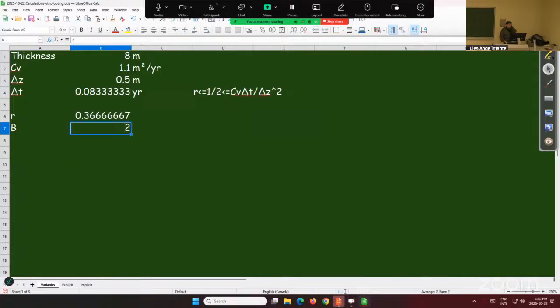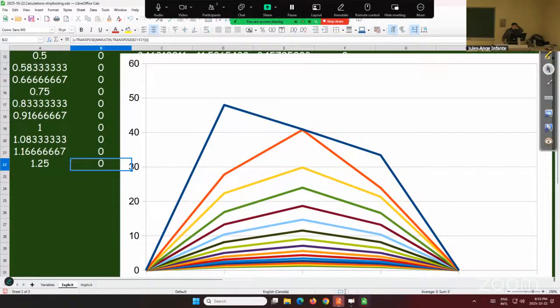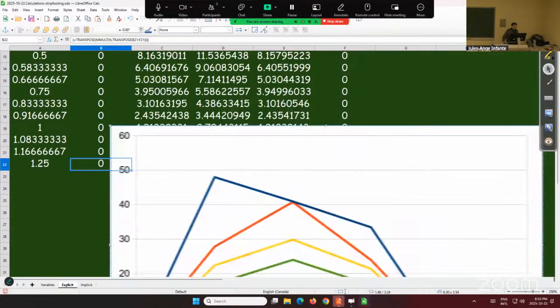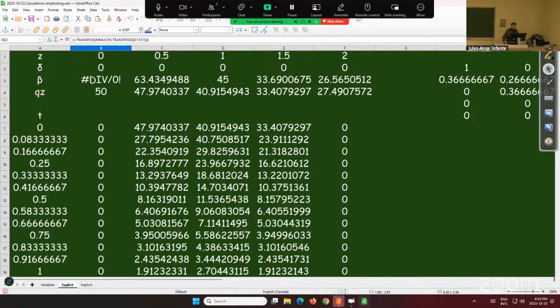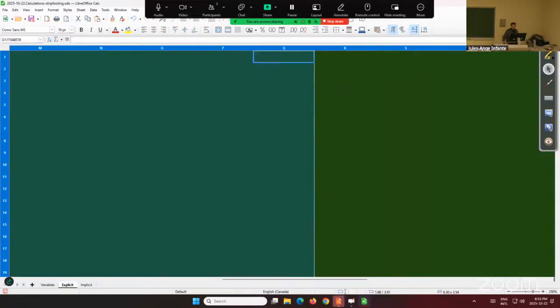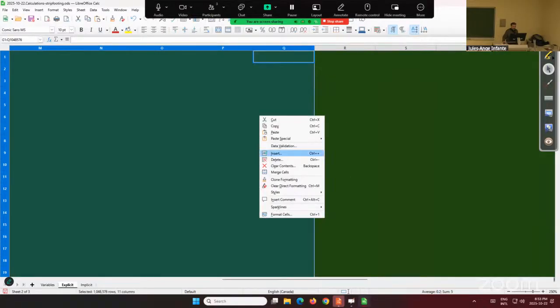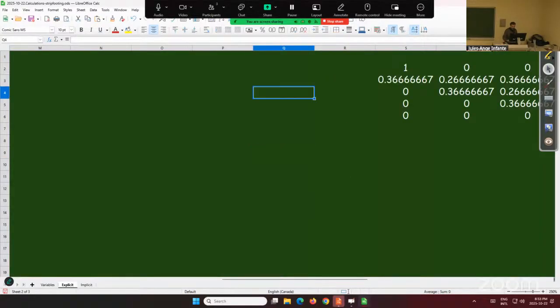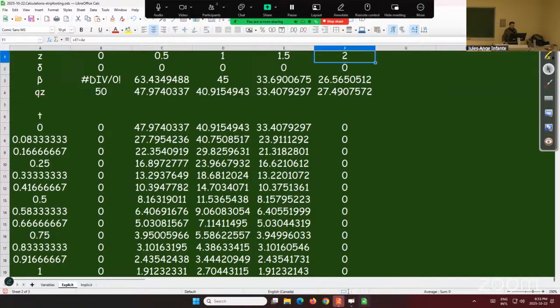If you're taking a time step of 1 month and go with 0.5, we're going to have bigger matrices.